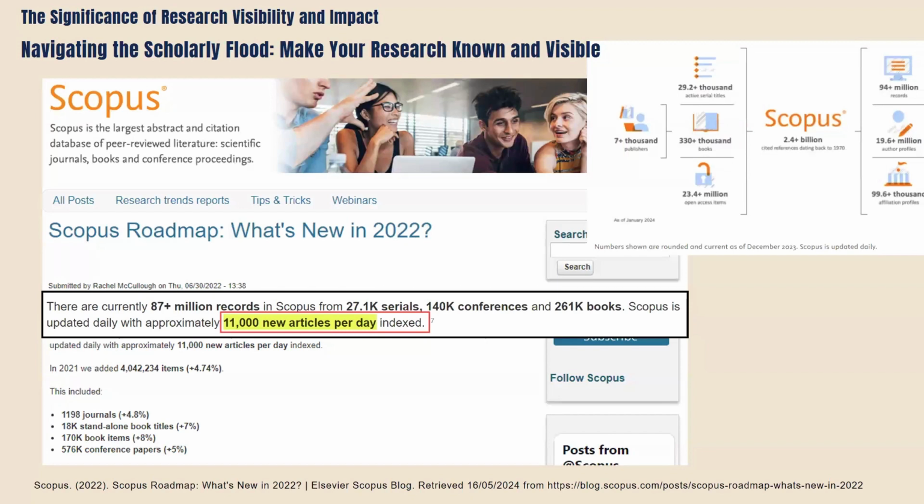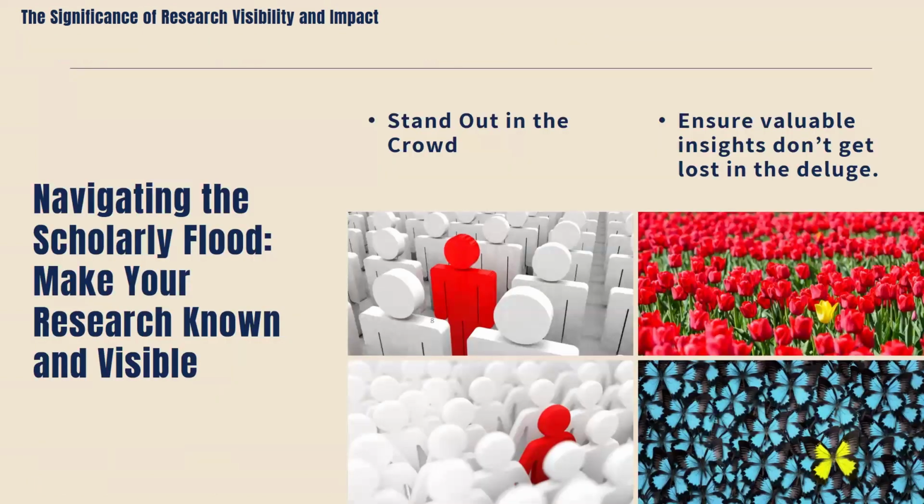Being another drop in the ocean is not enough. Your work should shine like a lighthouse, guiding peers and the public to valuable insights. Today, we will provide you with strategies to ensure that your research does not merely contribute to the numbers, but stands out, leaving a lasting impression that is both recognized and visible.